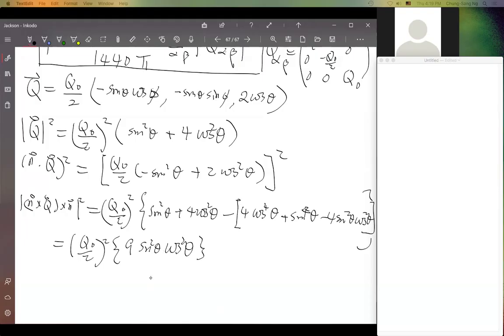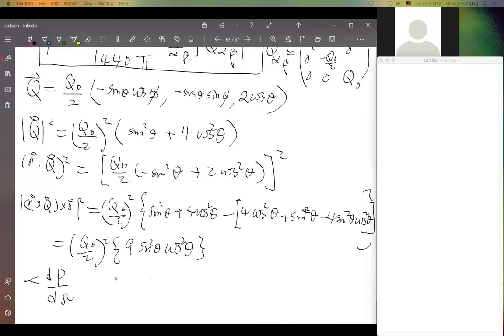All right, so that is proportional to dP d omega. Remember, dP d omega is proportional. This absolute value square now is proportional to sine square theta cosine square theta. Unlike the dipole term, which is only proportional to sine square theta, now we have an extra cosine square theta.